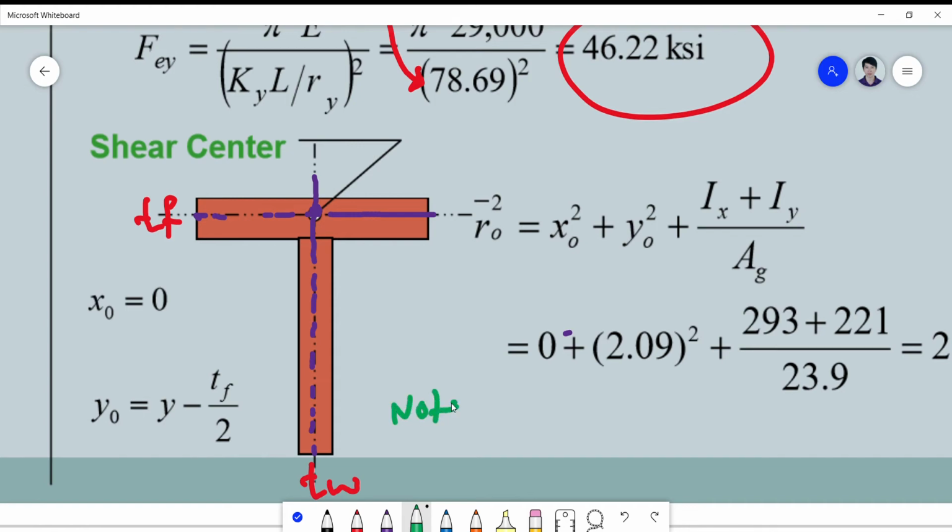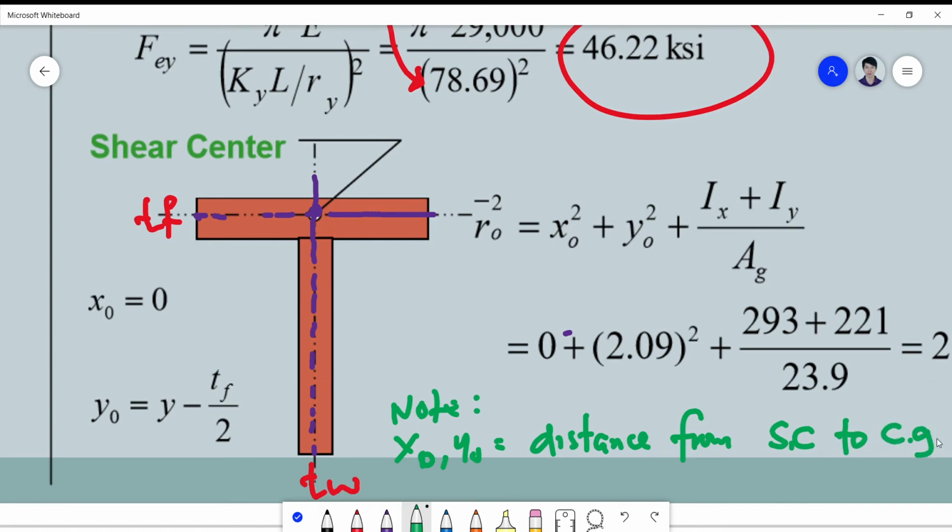Note: XO, YO, distance from shear center to the centroid of the member. Okay, where is the centroid of this? Let's just look for it, no? Actually, it's given. You will see it in the table. The centroid is here, it's given. If you look at the table, this is the Y bar.